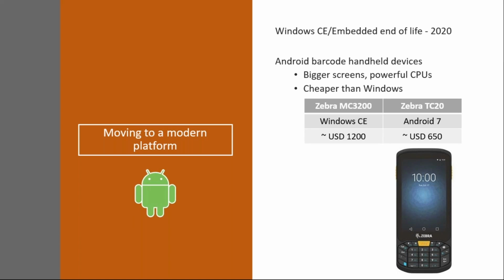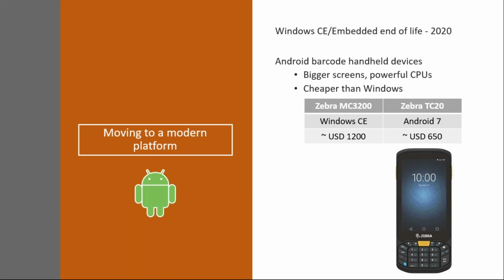And the barcode system, the way it's been developed, is that it supports Windows CE, but it also supports Android devices and Apple iOS devices. And that's particularly important because Windows CE is end of life this year. So if you're using Windows CE devices, if you can get them ported to Android operating systems, terrific.